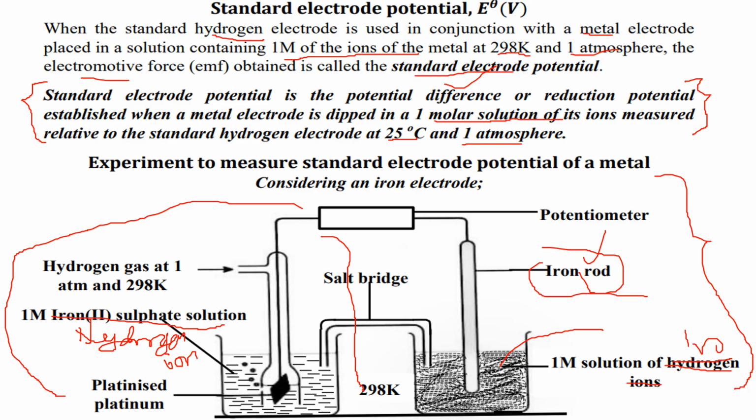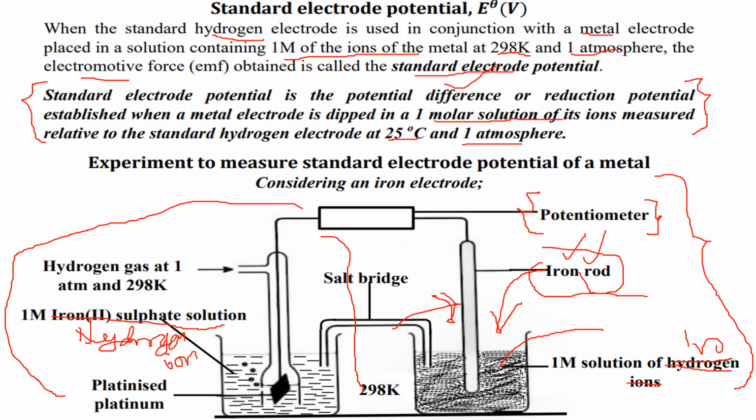Now this makes a standard electrode cell by getting a metal electrode and then dipping it in a solution of 1 molar of its ions. What's going to give us the measurements is called the potentiometer, which is going to give us the EMF. Then we use the salt bridge to allow exchange of ions from one electrochemical cell to another without actually mixing the cells.